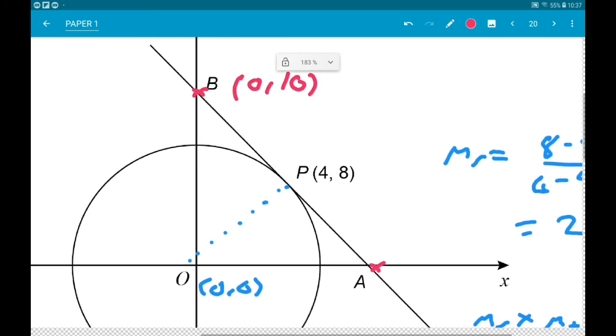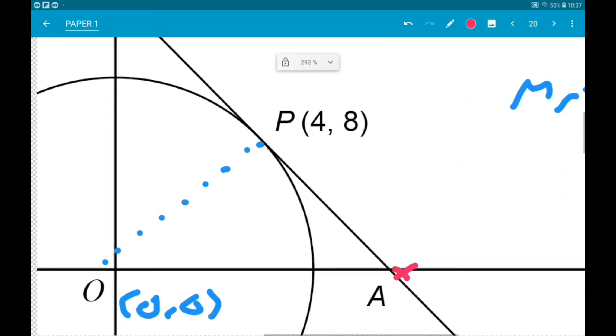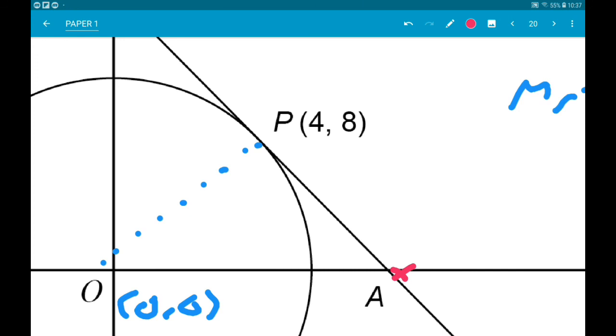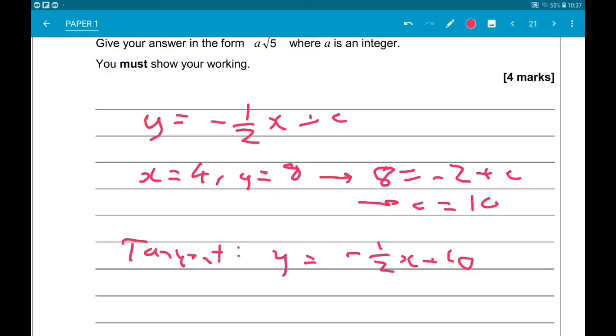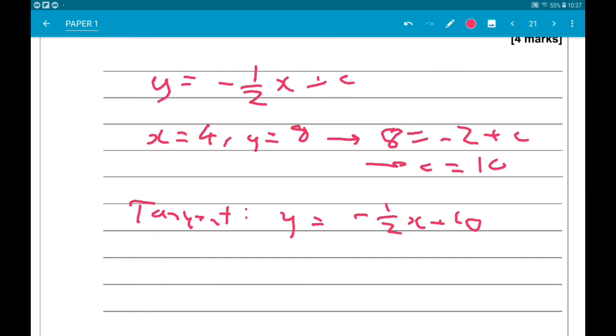Now to find the coordinates of A, anywhere on the x-axis, y is 0. So at A, y is 0. So substituting that into the equation, we get 0 is -1/2x add 10.